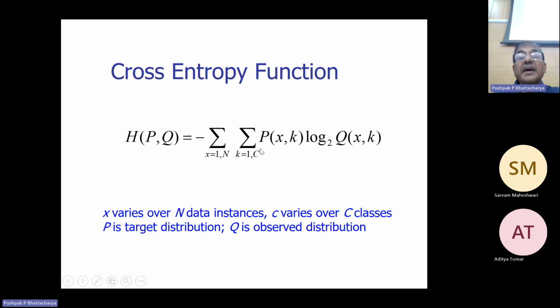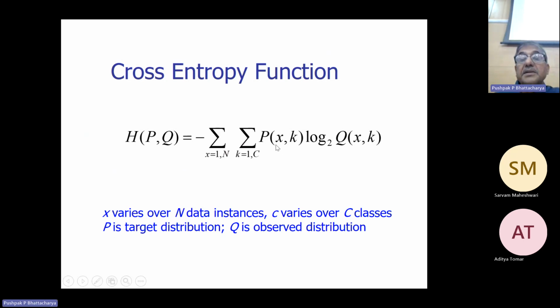So if it is positive, negative, neutral sentiment, then there are three classes, so k is from 1 to 3: 1 for positive, 2 for negative, 3 for neutral. And x varies over how many such sentences you have given, marked with 1, 0, 0, 0, 1, 0, etc.